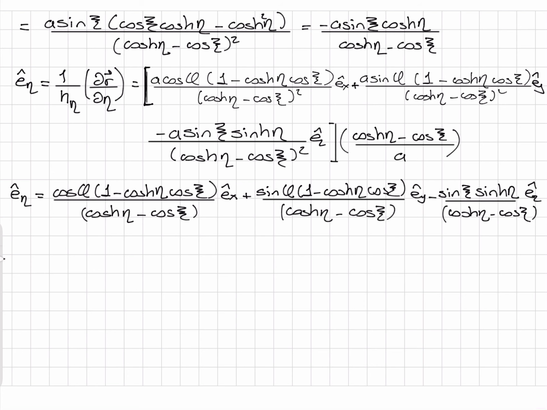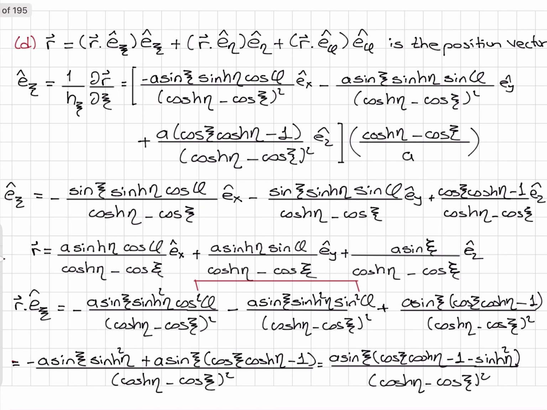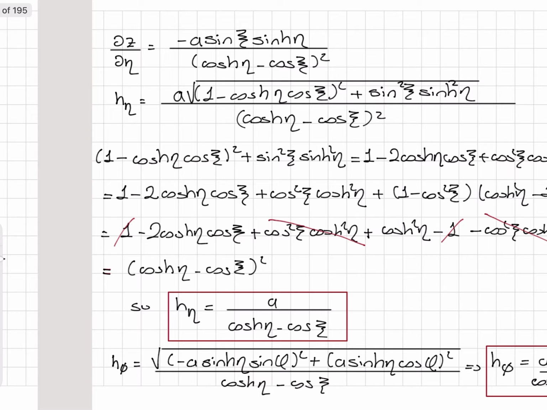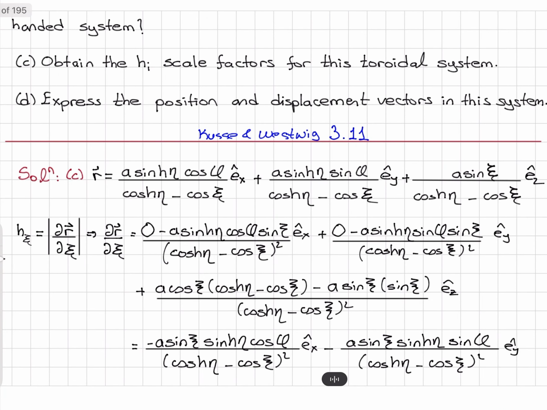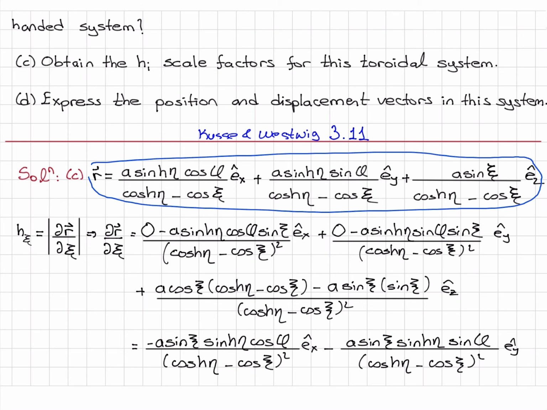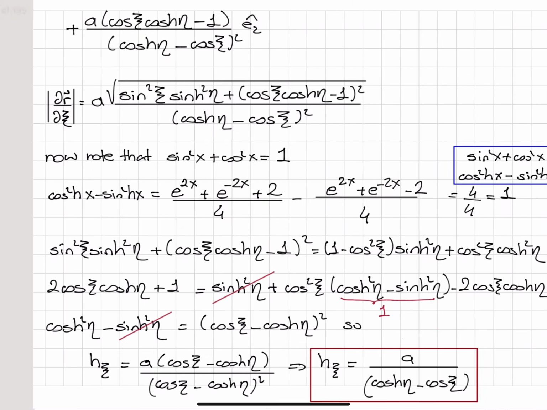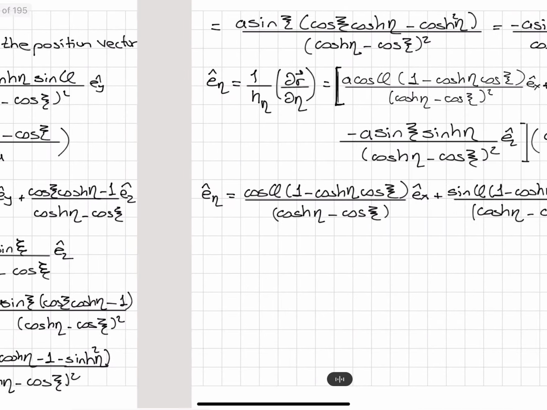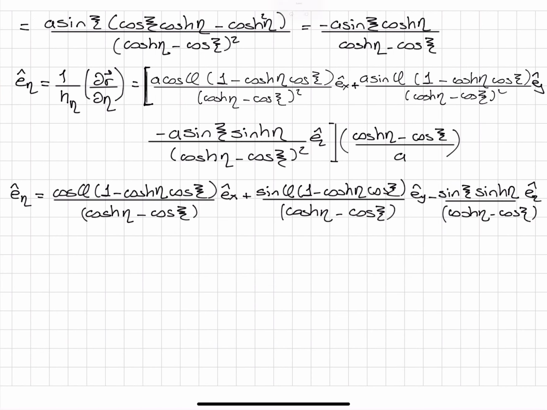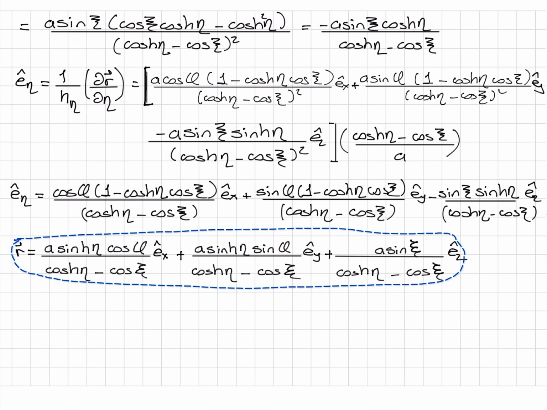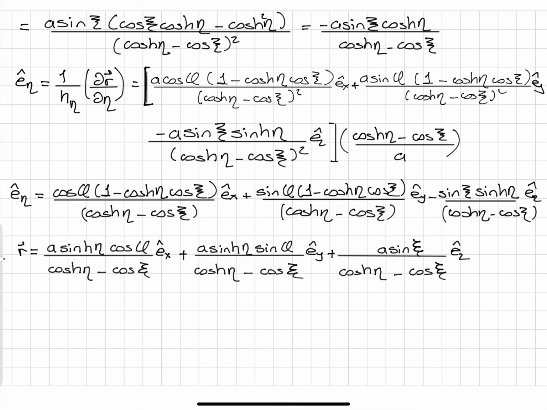Okay, and let's recopy the position vector r so that we can take the dot product with it from the previous part C. This is our position vector. And now we can look at r dot e eta hat.